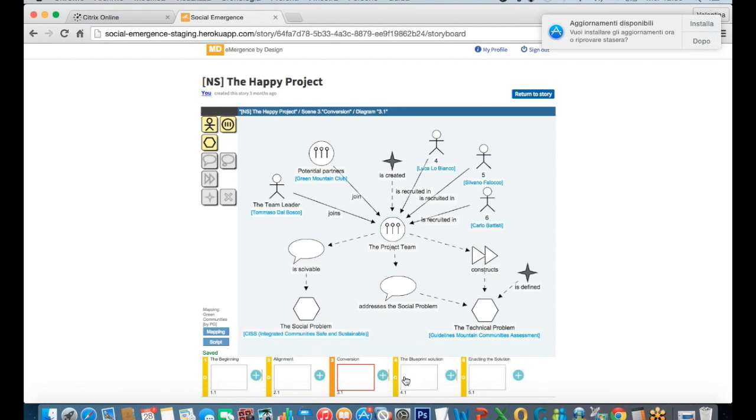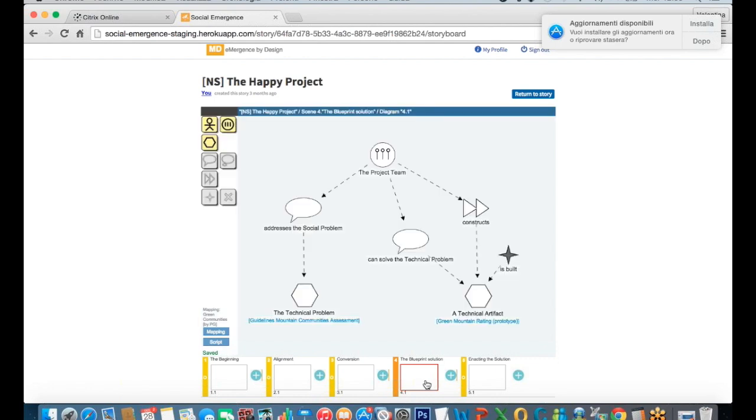And then they never reached this phase. They never really constructed a technical artifact, because there was a great misalignment between the people. This misalignment was due to the fact that this project team was not really cohesive, was not really aligned.